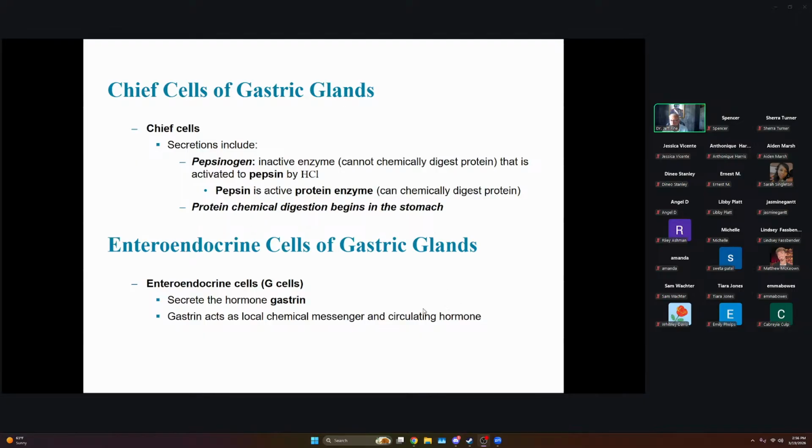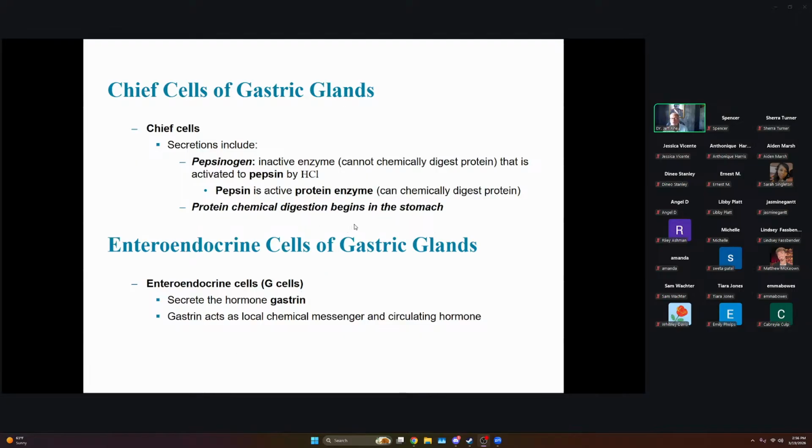And it also circulates as a hormone like others, so it can send signals elsewhere in the body. But really, gastrin is, for the most part, a local chemical messenger, meaning it's a hormone that's going to act right there locally, right in that region, to cause something to happen or cause something to stop happening. We're about to find out.